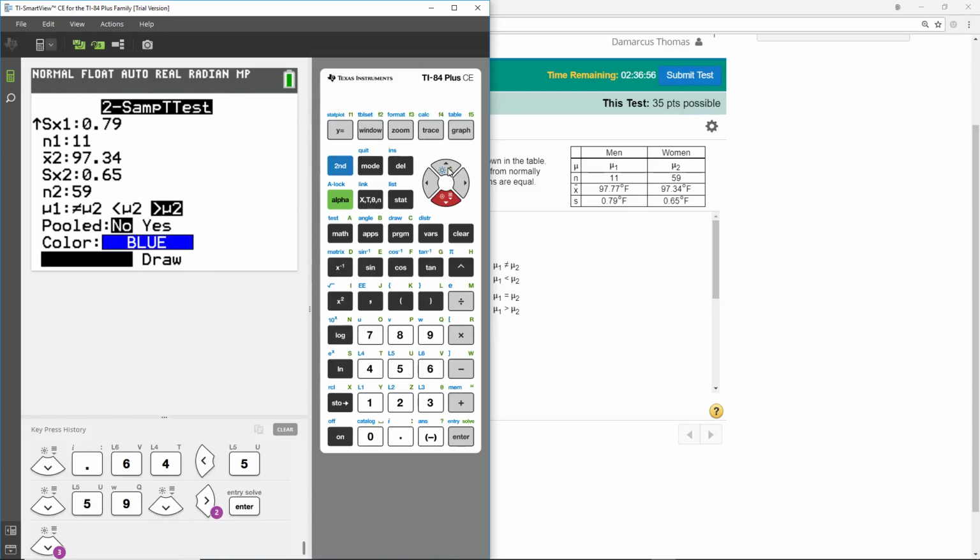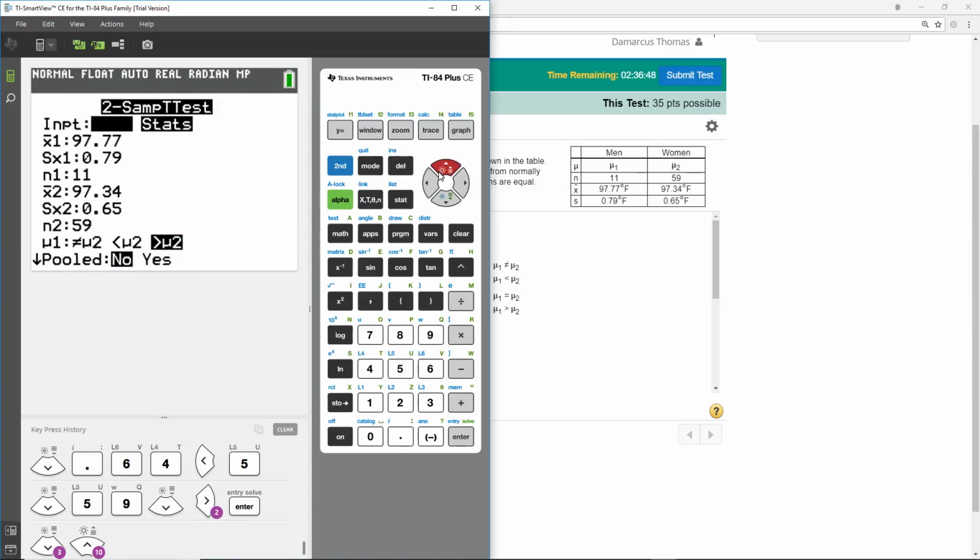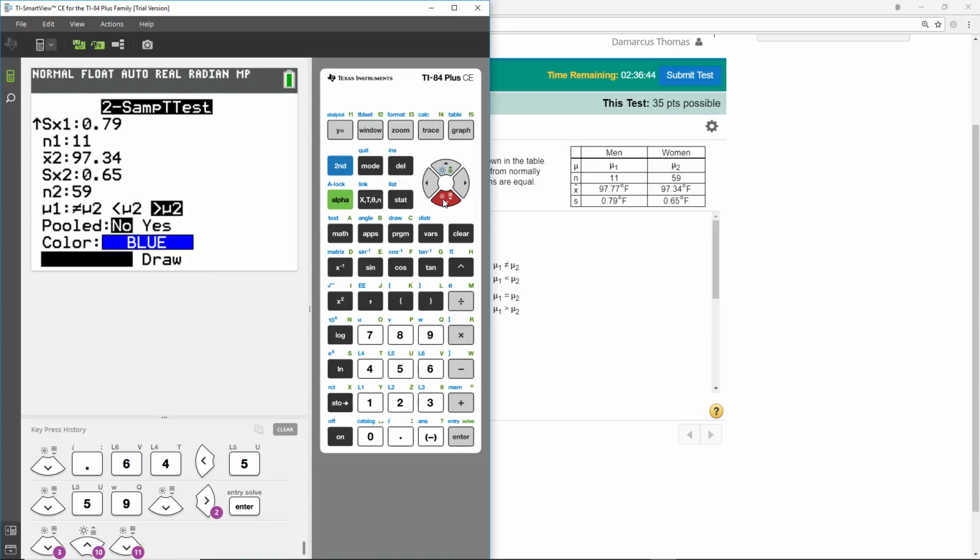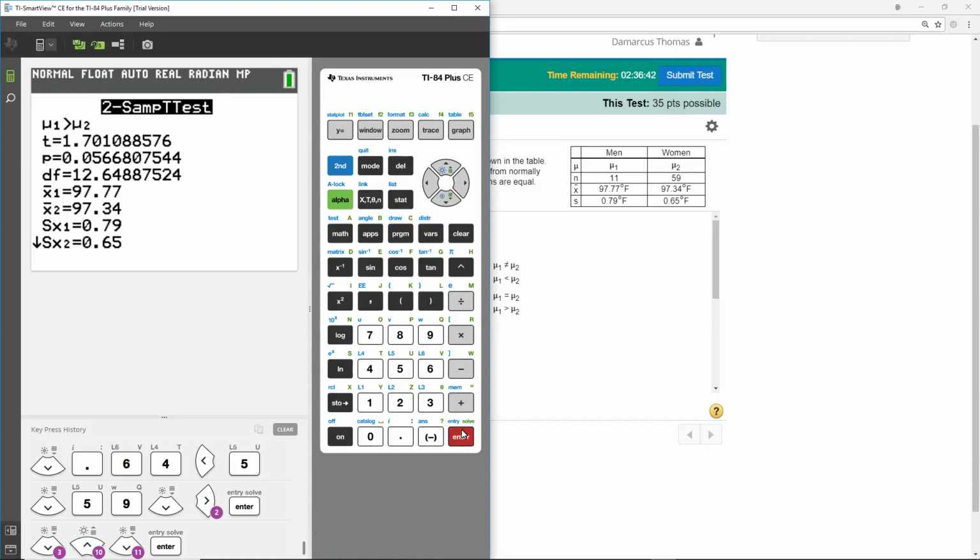Let's make sure that we entered the values in right. Okay, that all looks good. And I got a test statistic, and my p-value is about 0.05.